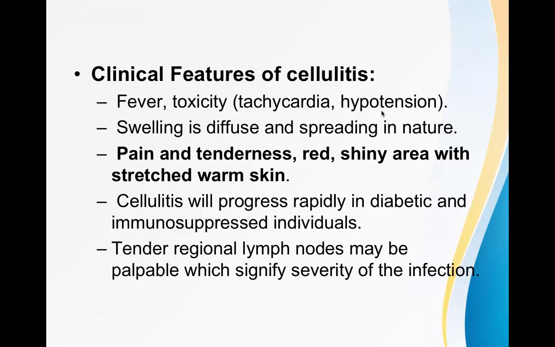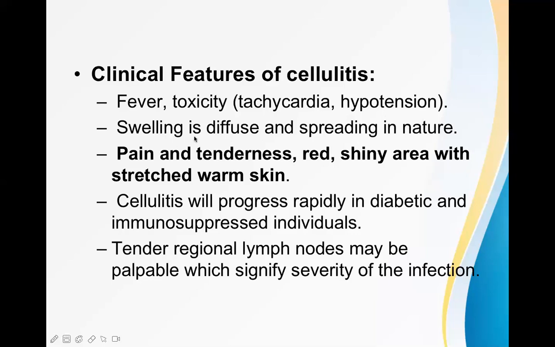If you say only systolic less than 90, it would be enough. Diastolic blood pressure is not usually mentioned in the definition of hypotension. So systolic blood pressure less than 90 millimeters of mercury is called hypotension. So these are the important things for you.